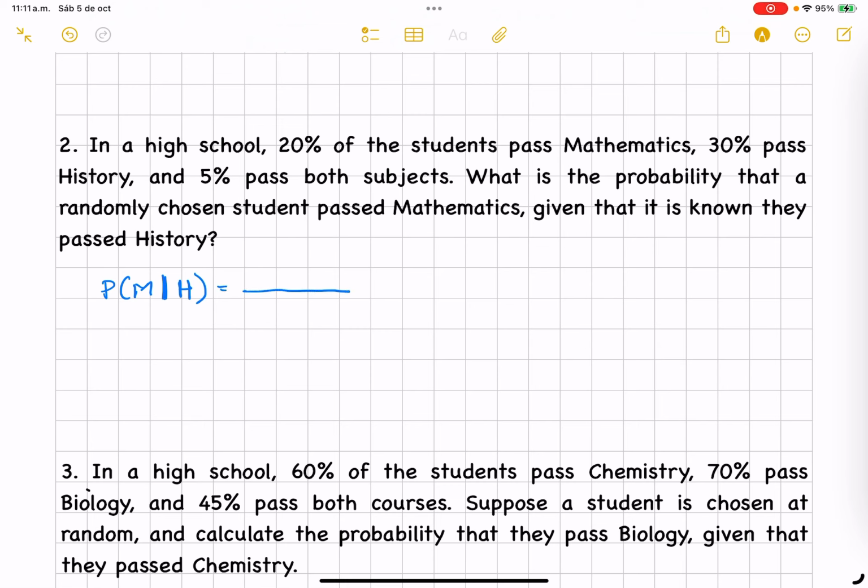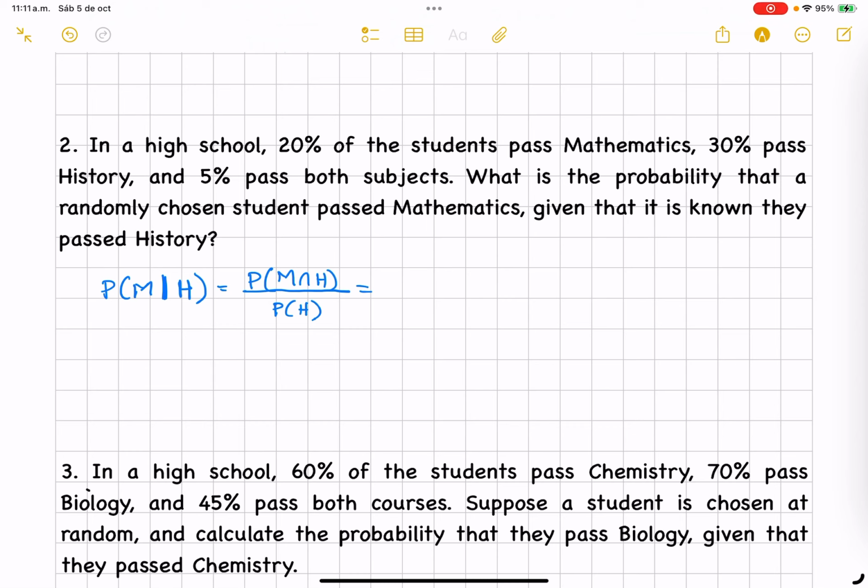In this case, history is our universe, so we are going to divide by the probability of passing history. And in the numerator, we are going to write always the probability of both situations occurring at the same time, so the intersection of passing math and history.